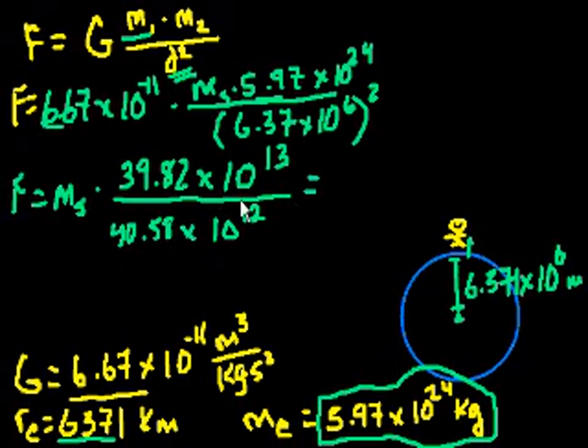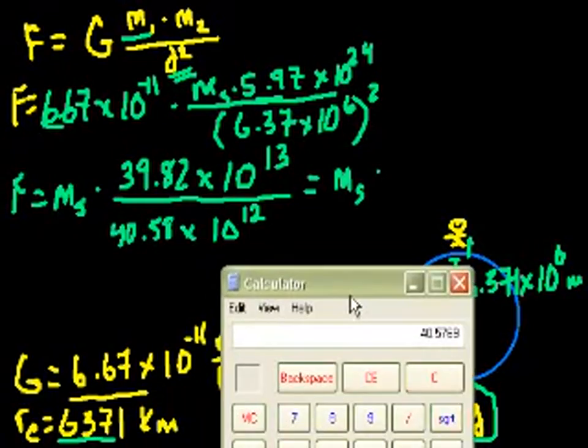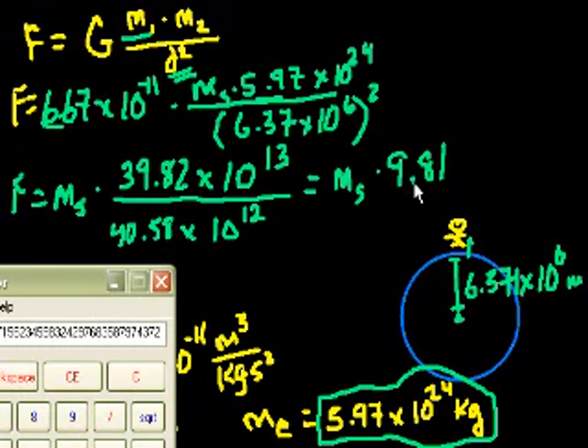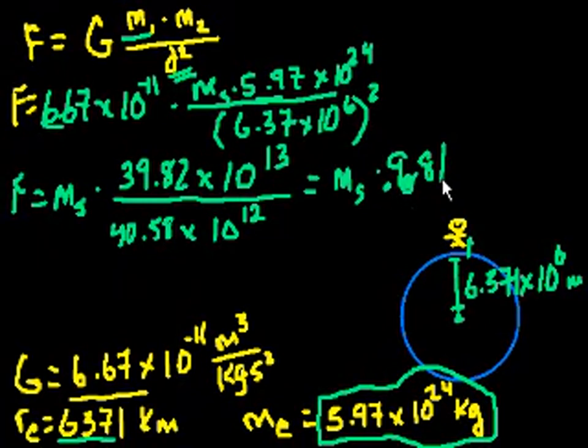And so simplifying it, the force is equal to the mass of Sal times, let's divide 39.82 by 40.58. That's just this divided by this. And then 10 to the 13th divided by 10 to the 12th is what? Oh, actually, no, this isn't 9.81. Sorry, it's 0.981, and then 10 to the 13th divided by 10 to the 12th is just 10, right?